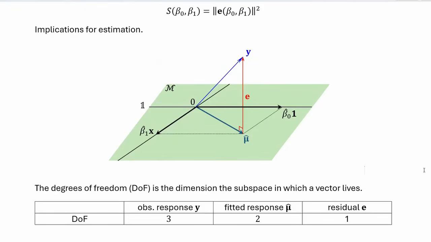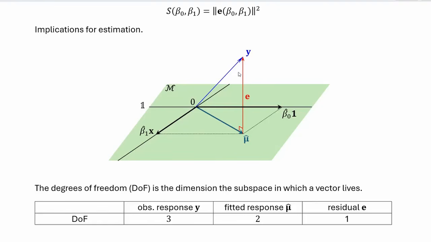And this diagram also explains a concept that causes a lot of confusion. So what do the degrees of freedom mean? The degrees of freedom is nothing but the dimension of the subspace in which the vector lives. The vector y lives in the ambient space, R3. So the observed response has 3 degrees of freedom. You can think of it as all of its components, y1, y2, and y3, being unrestricted.